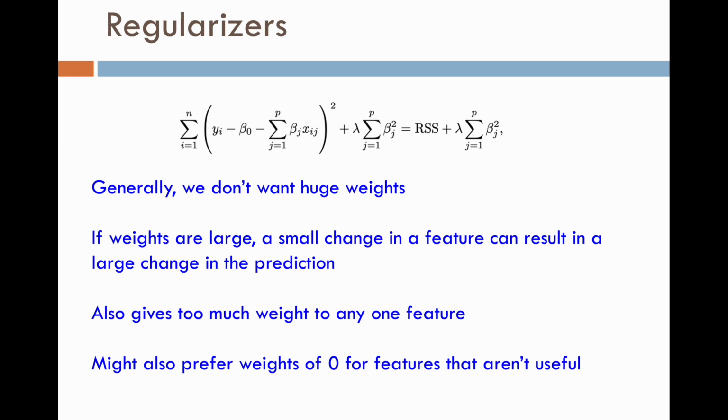In mathematical terms, if we do not regularize, then let's say one model coefficient, one of the betas, is very high. Any change in that particular feature will result in a huge change in my overall prediction. That's one. Second, that particular parameter will outweigh all the other parameters. That particular feature will outweigh all the other features.